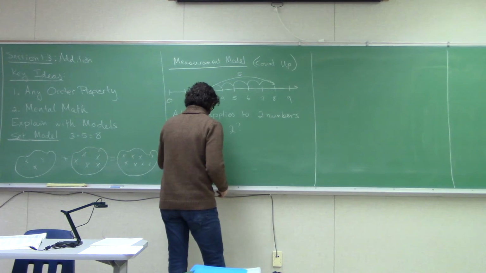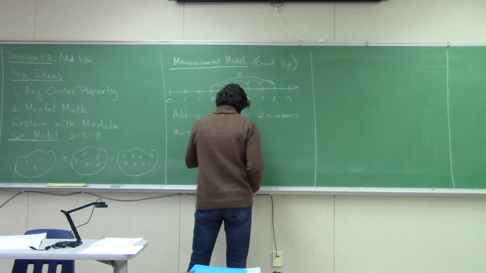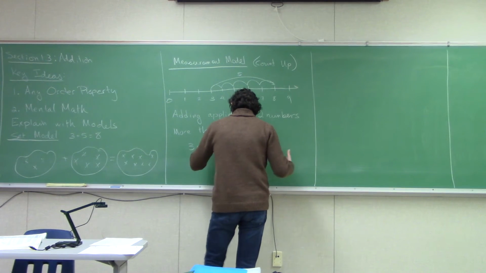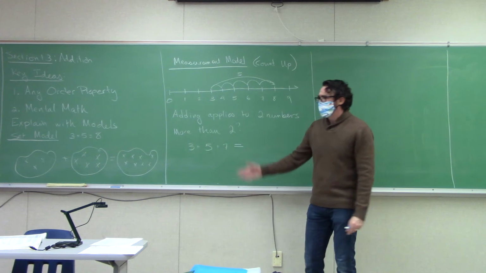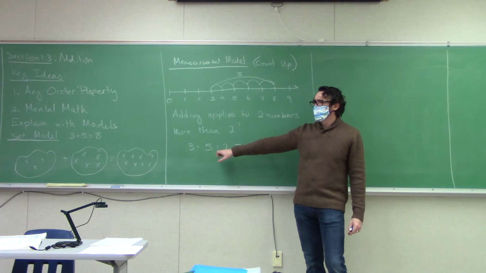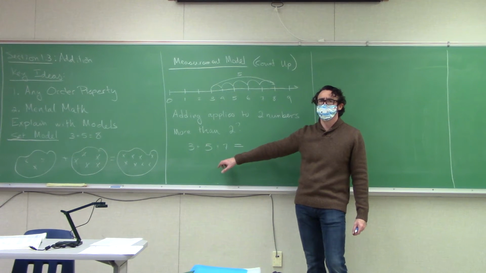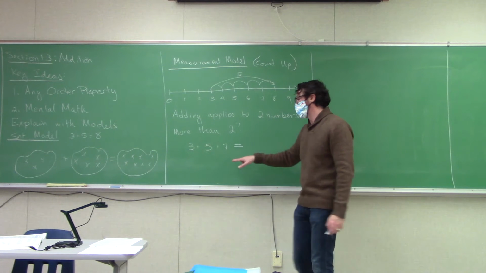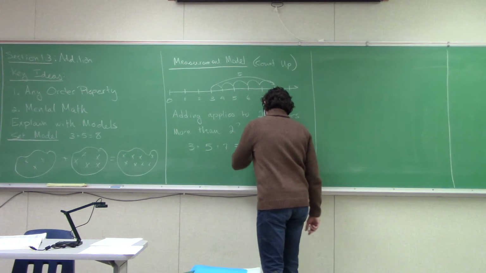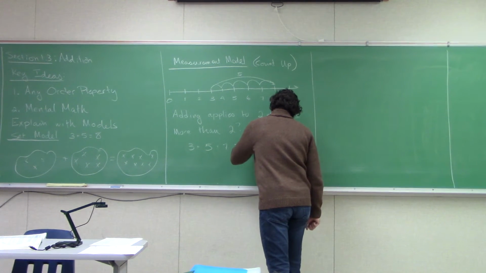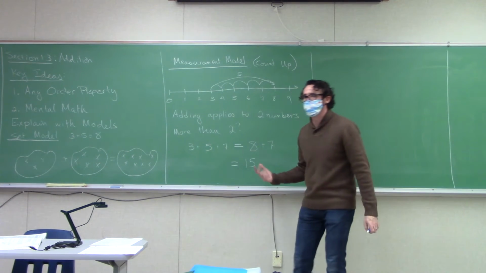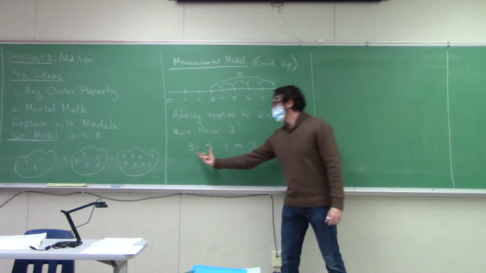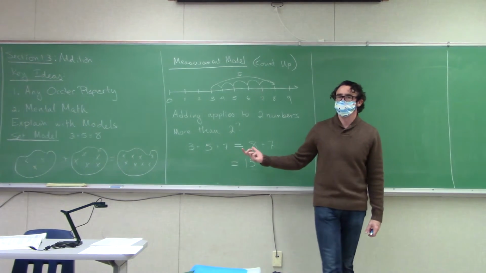Let's stick with that example, 3 plus 5 plus 7. Remind me again, how would I do this? 3 plus 5, which gives me 8, of course. And then what? Plus 7. So I do 8 plus 7 and get 15. I added these two, and then I added these two.